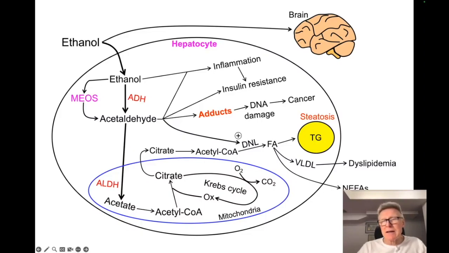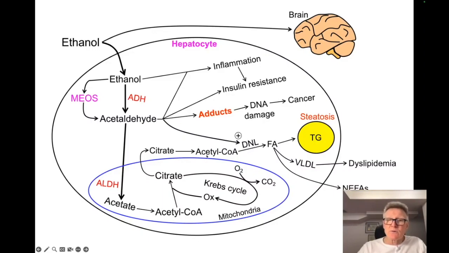So citrate can exit the mitochondria because there are too many of them, and the Krebs cycle cannot handle them all at once. Citrate exits the mitochondria and goes into the cytoplasm. In the cytoplasm, there is an enzyme called ATP citrate lyase that breaks down citrate and releases acetyl-CoA. Now acetyl-CoA is a substrate for de novo lipid synthesis, which we abbreviate here as DNL.